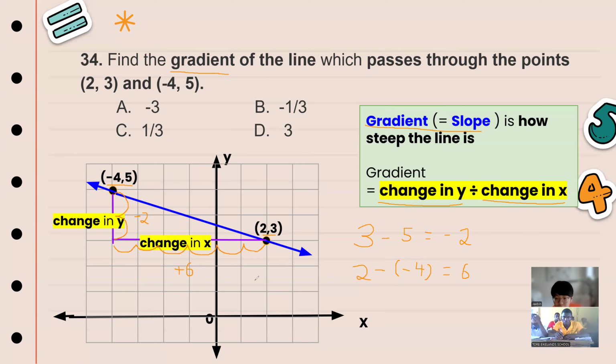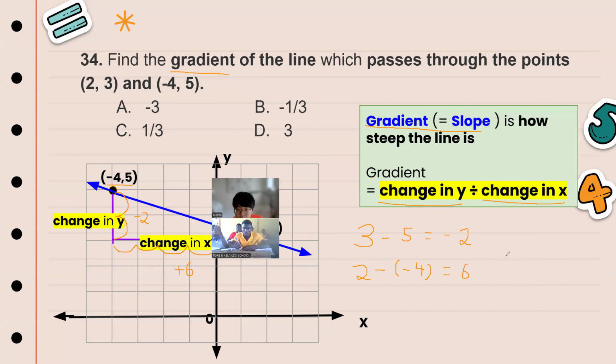And you find the slope, which is change in y divided by change in x. So -2 over 6. And what is that? This is -1 over 3.